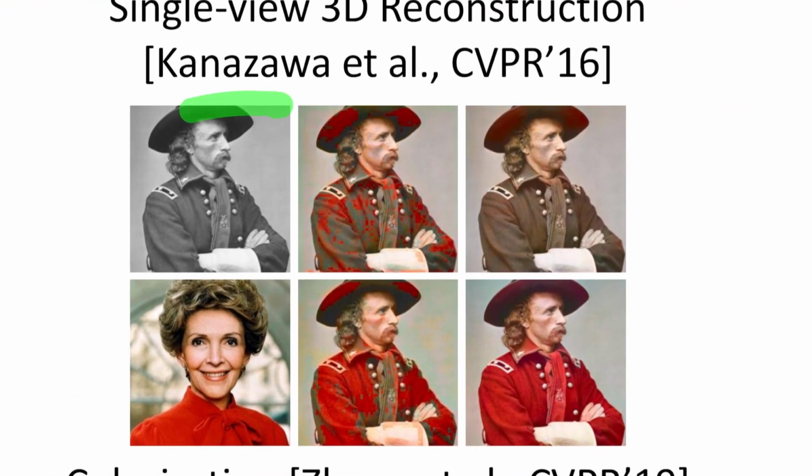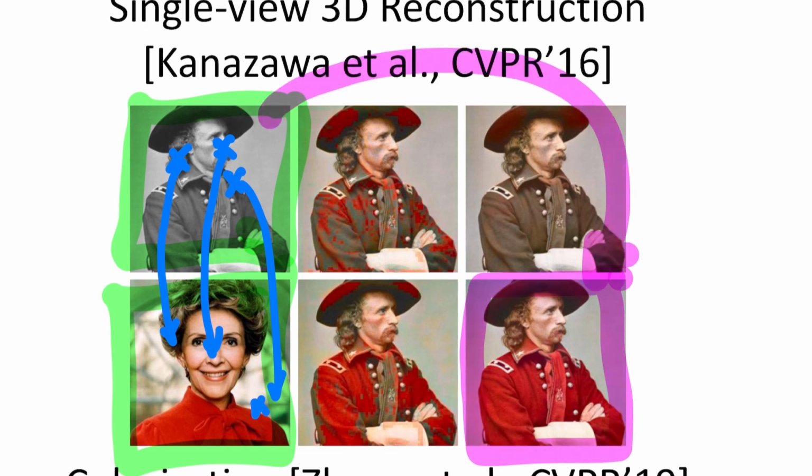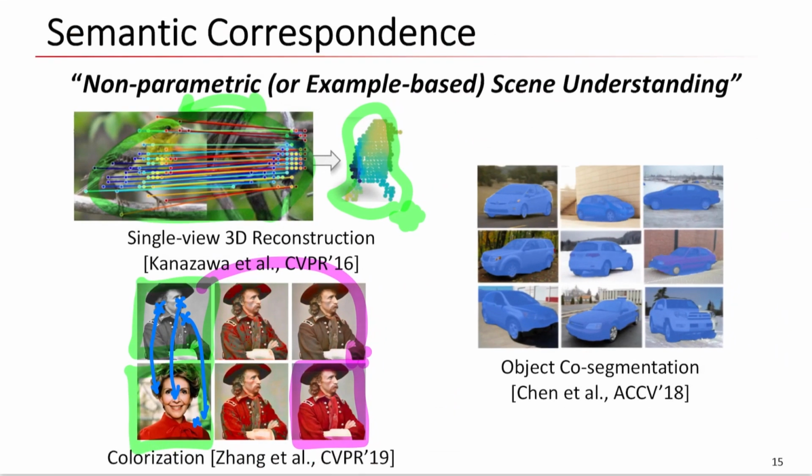If we have a single gray image and we have a color image, then by finding the correspondence field, something like this, we can find out the color per pixel for the gray image, right? So this is colorization. We can solve the colorization problem by using the semantic correspondence.